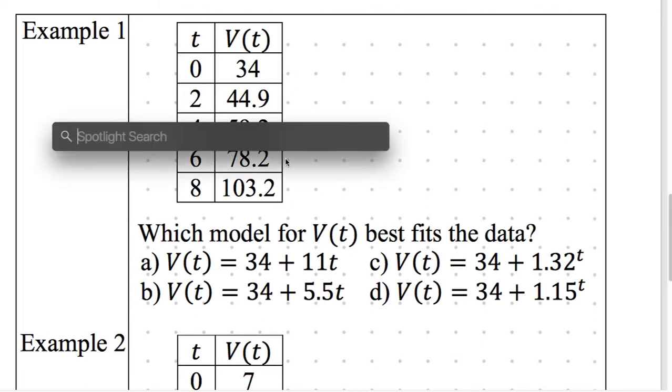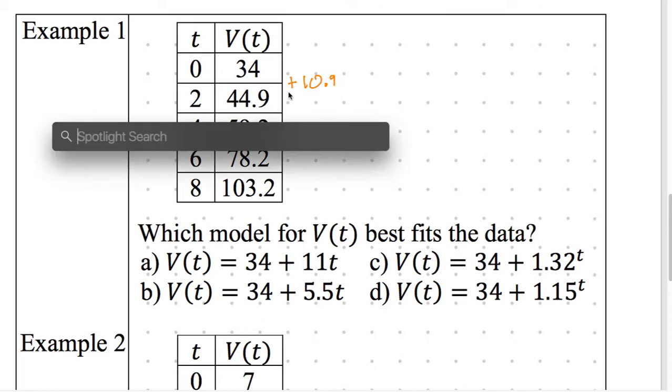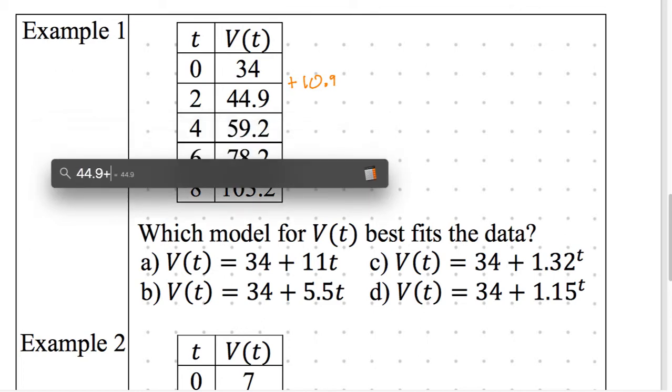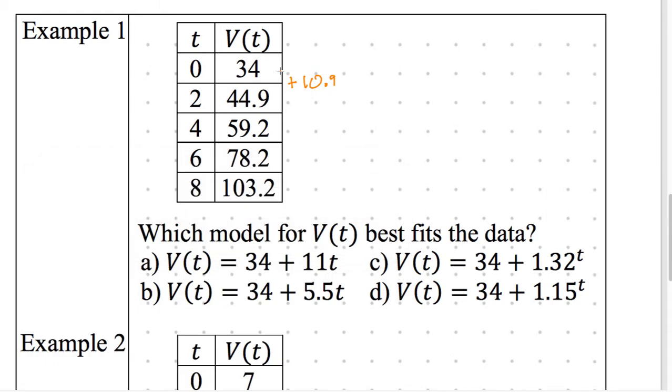So 44.9 minus 34. You're allowed to use calculators for all of Khan Academy. So if I was adding, it would have been adding 10.9. Let's see if I add 10.9 again. 44.9 plus 10.9 should get me 59.2, but I don't. I get 55.8. So that clearly doesn't work. It broke adding, so it's not adding.